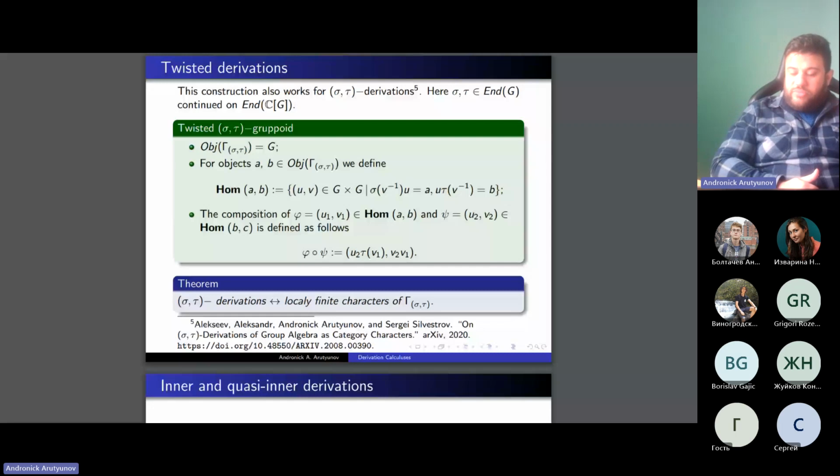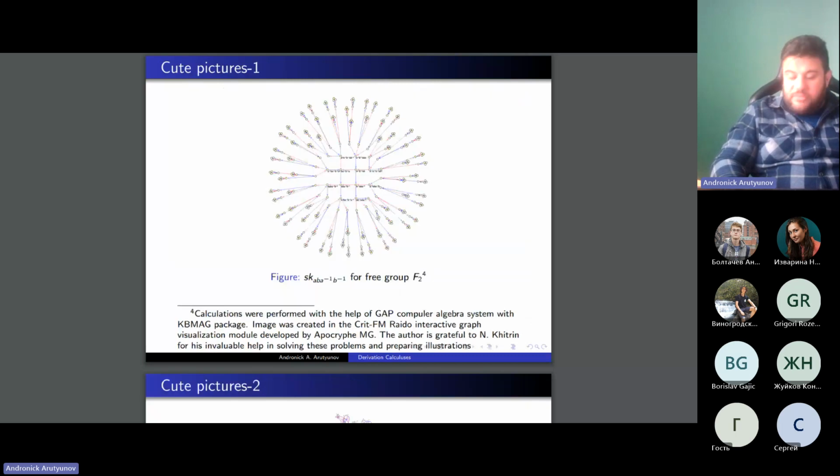And the theorem, as above, is the following: sigma-tau derivations can be written as local affinity characters on such a twisted groupoid. So you have twisted derivations, so you have a twisted groupoid, so you have characters on the twisted groupoid to define your twisted derivations. But the formula is similar to the one written here.